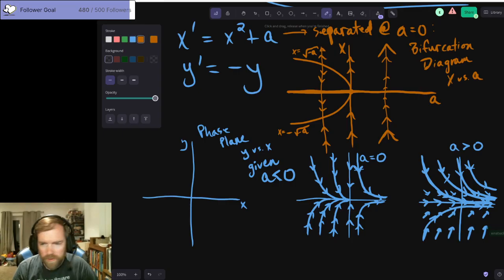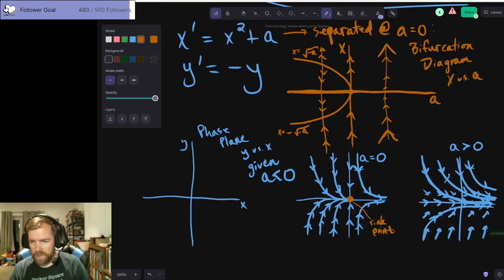Okay, so it is important for us to note that at 0, 0, this isn't going to be a hole, it's just going to be a sink. So we're going to have a sink point. And also because it has the same behavior on both sides of x, this is also going to be classified as semi-stable.